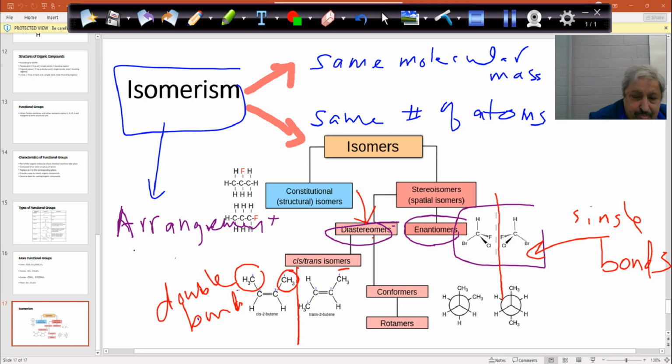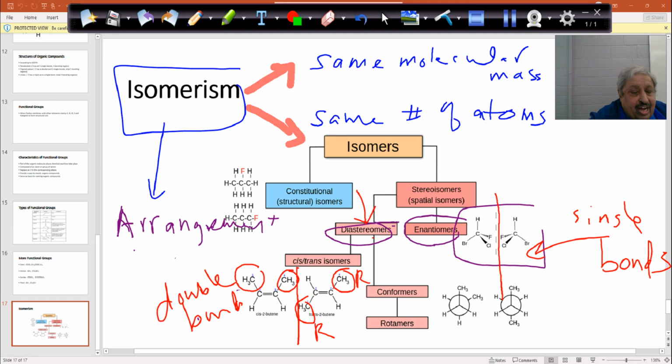If they are opposite to each other, like we have here, they are trans. Trans means opposite. Cis means together in Latin, and trans means the opposite. Are you following me here? The substituent can be any R, not only the methyl group. If those two R's are opposite to each other, that's trans. If they are in the same plane, they are cis.